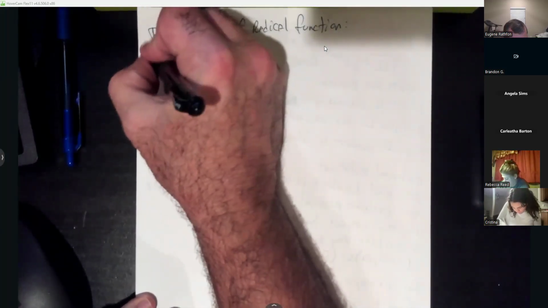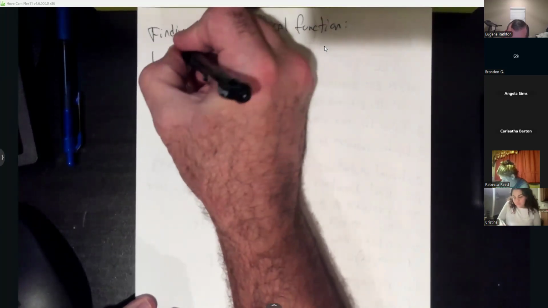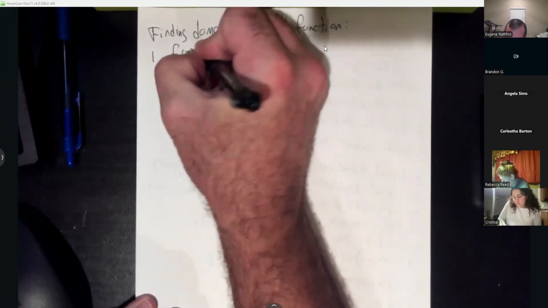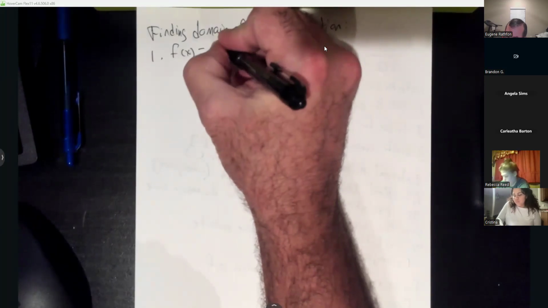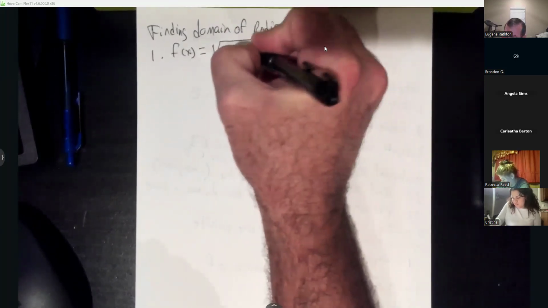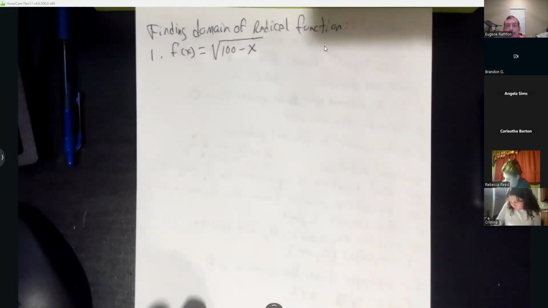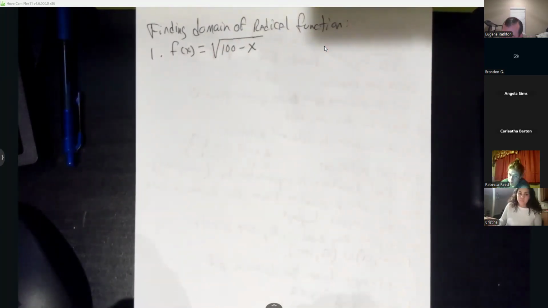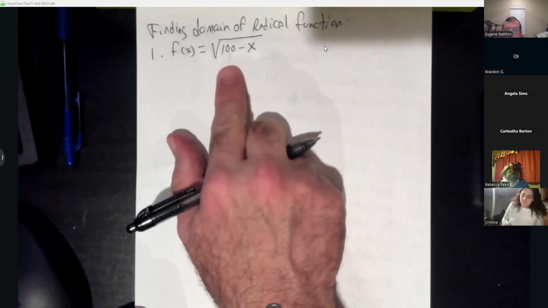Finding the domain of the radical function now. I gave y'all the steps a while ago. So for this first one, we're doing f of x equals square root of 100 minus x. Now this will bring back a few memories also.